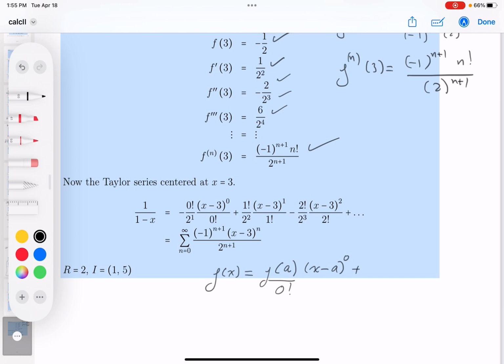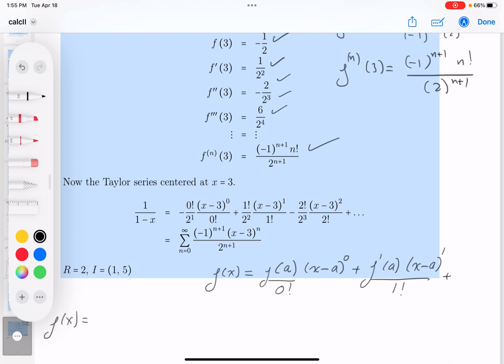I'm just going to write a few down. Then f prime at a times (x - a) to the first power over 1 factorial. I think you get the idea that I could do this with that pattern over and over again. So I'm going to write this f(x) down. What's that going to be?